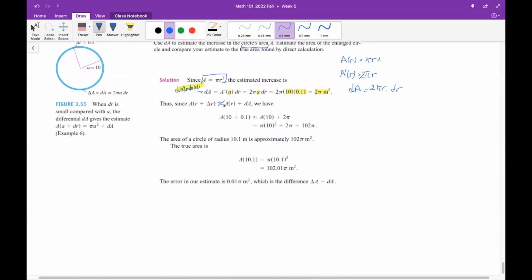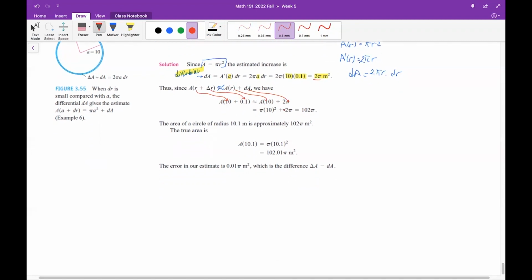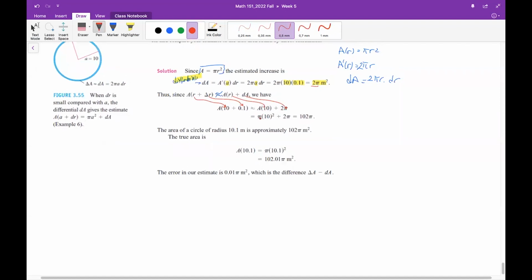So r is 10. The difference of the values of the radius is this much. This is the change in the radius. A of r is A of 10, and dA is computed as 2 pi here, so we insert them. After inserting all the values, you can quickly do the computation.